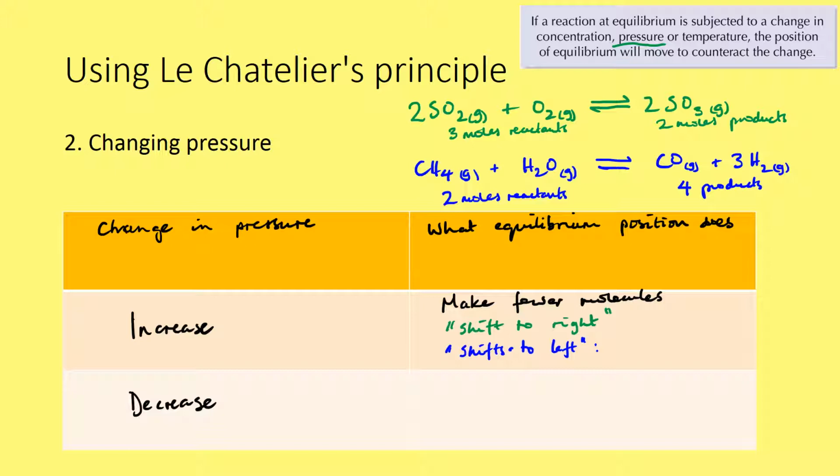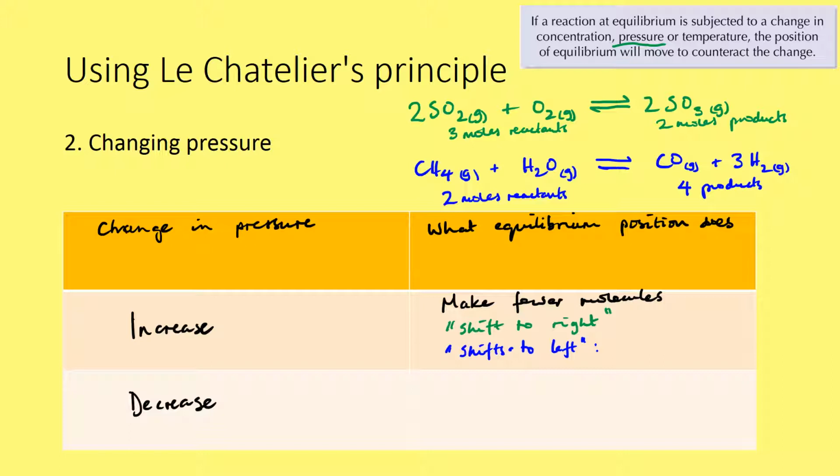Then what we can do now is consider a decrease in pressure, just to make sure we've understood. So we've got a gaseous equilibrium with a mixture of reactants and products, and somehow we decrease the pressure. Le Chatelier's principle says that the equilibrium position will try and counteract that change.